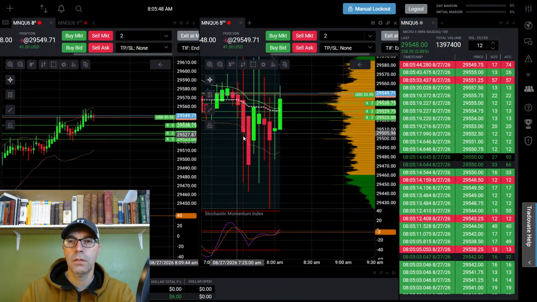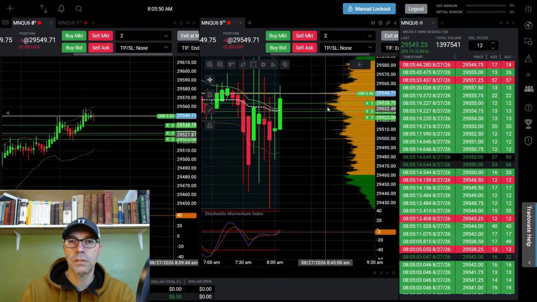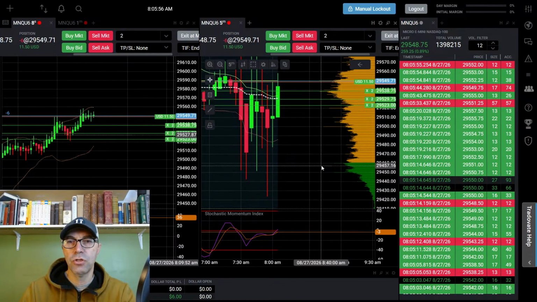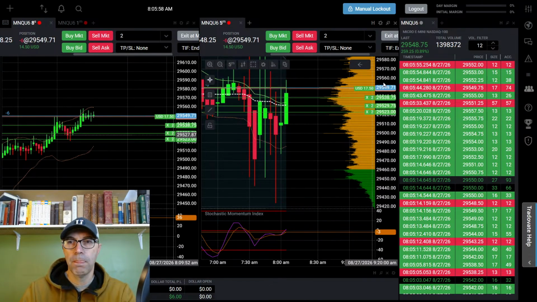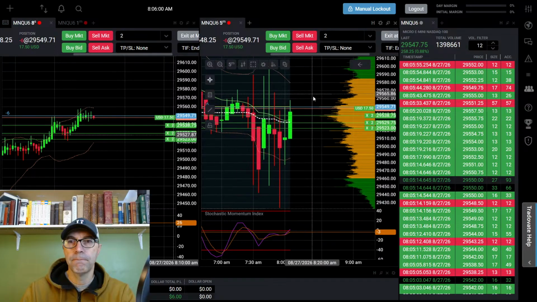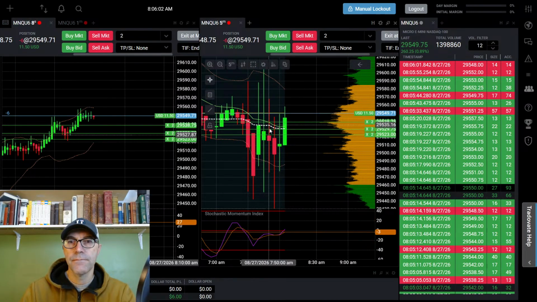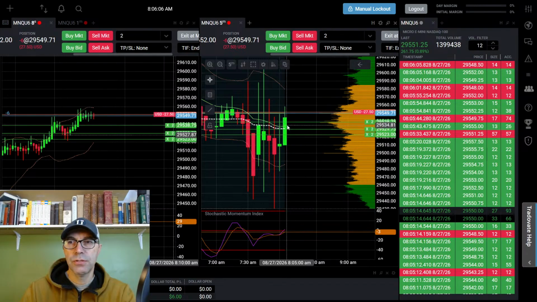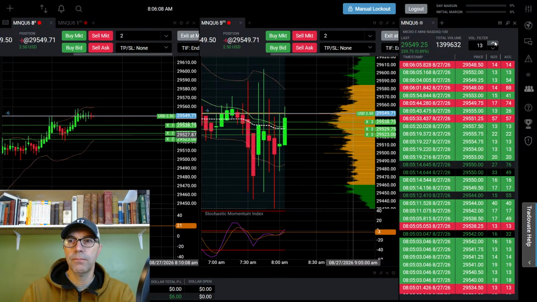There we go. See if it'll come down to this 21 EMA. Now our POC, our point of control, has shifted drastically as well. But the 21 EMA and the VWAP, they're still in the same location.